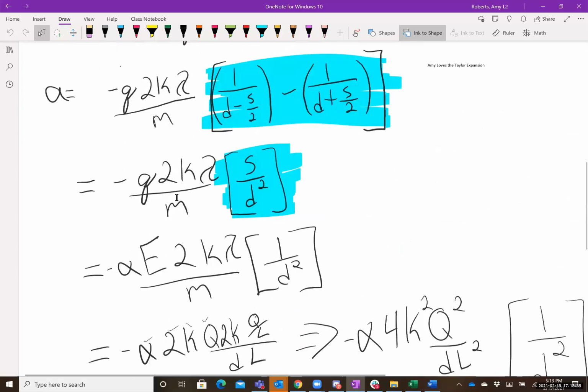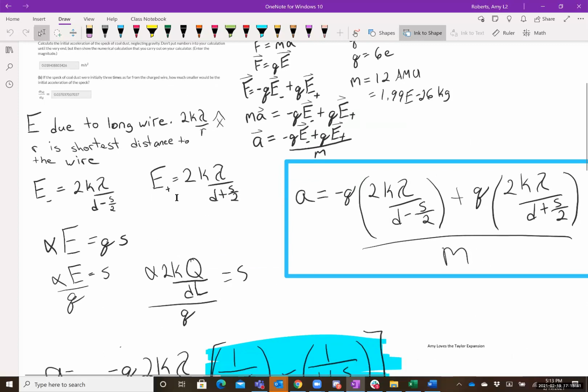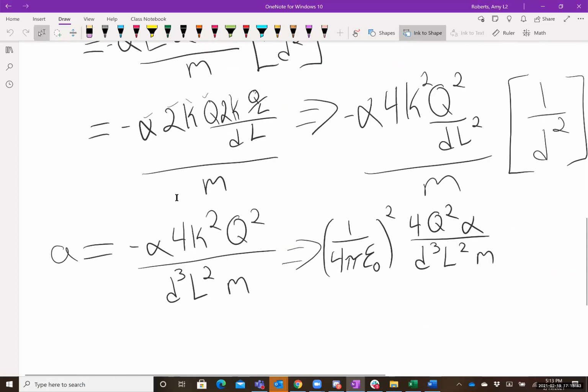Okay. The only thing I was going to say is I think we're taking the magnitude of the acceleration, so it becomes positive. Yeah, that's an excellent point. You've got this negative sign here, and that's correct because the acceleration is in the negative x direction.